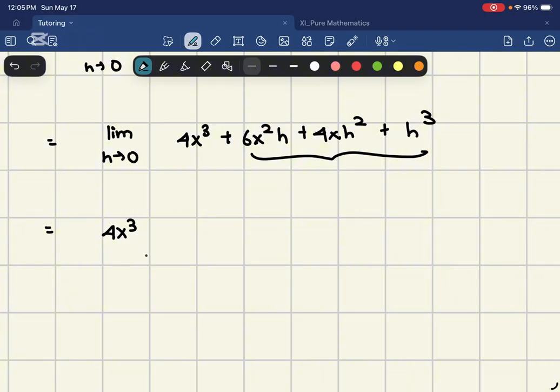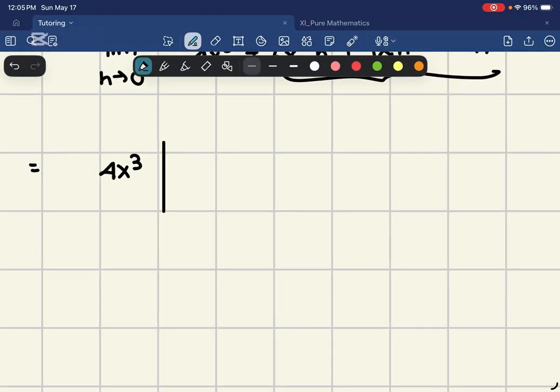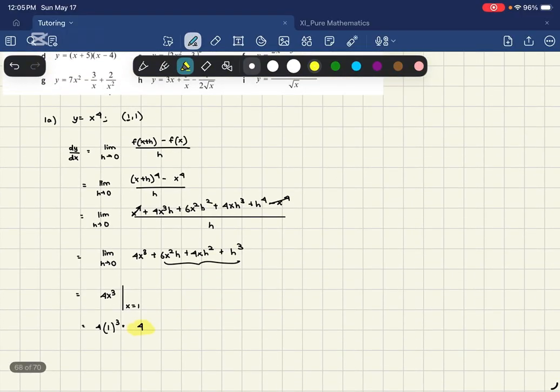That is your derivative. Now, we need to evaluate this when x is equal to 1. Right? So when x is equal to 1, you just substitute 1 into this equation, and your gradient is 4. So that is your gradient at the point 1, comma 1 for the curve y is equal to x to the power 4. All right, so that is while using the definition, right?